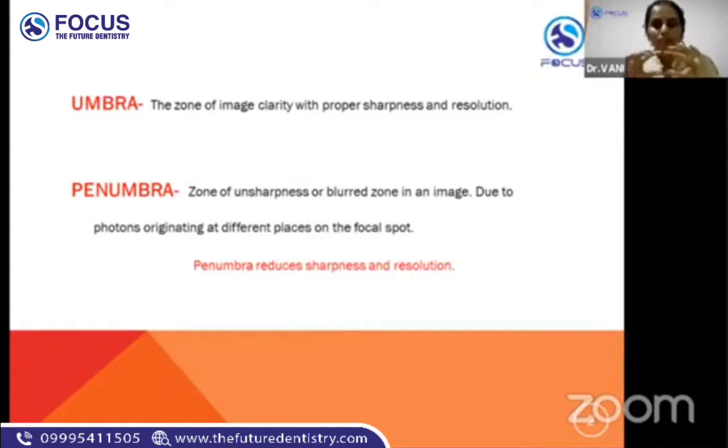Whichever portion in the image is clear is called umbra, while penumbra means the zone of unsharpness or the blurred zone in a radiographic image. Penumbra leads to reduction in the sharpness and resolution of the radiographic image.